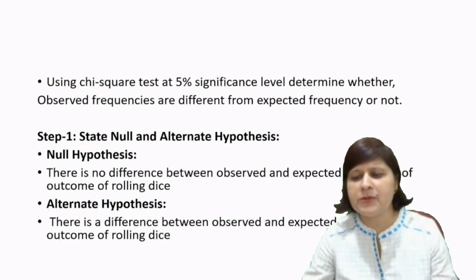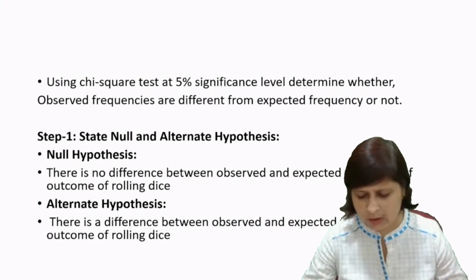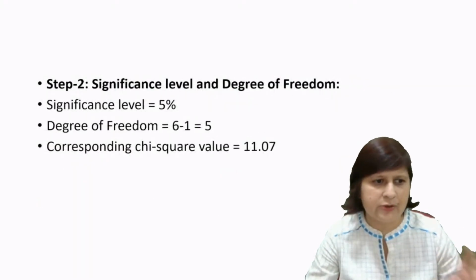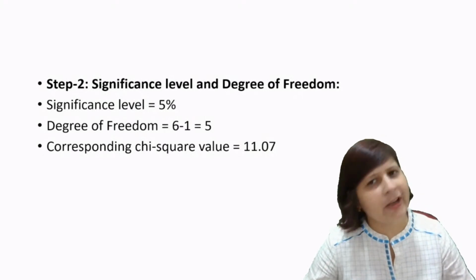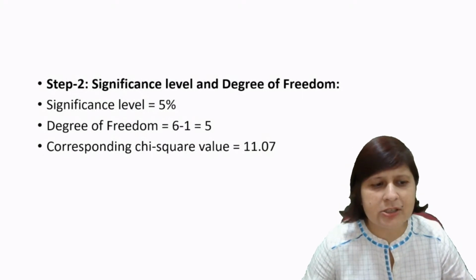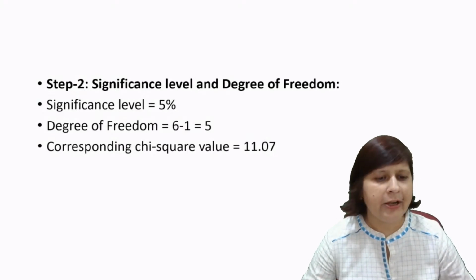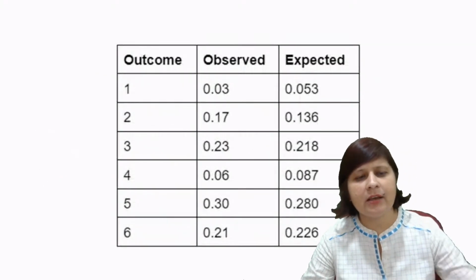That is, no difference between the observed and the expected frequency of outcome of the rolling dice, or there is a difference. Then the significance level is 5%, that is the 95% confidence level. Degree of freedom is 6 minus 1. What is degree of freedom?